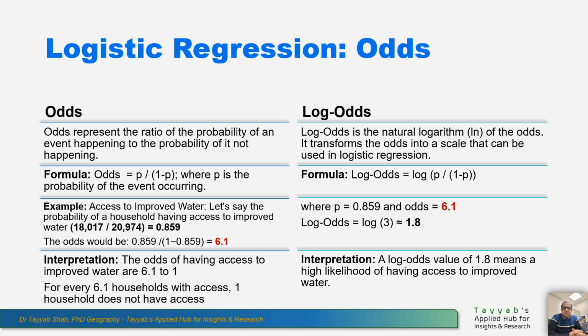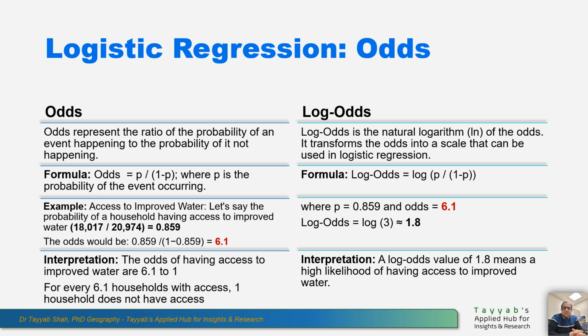First we will talk about the odds. Odds represent the ratio of the probability of an event happening to the probability of it not happening. If you look at the formula, P is the probability and 1 minus P is the probability of it not happening.